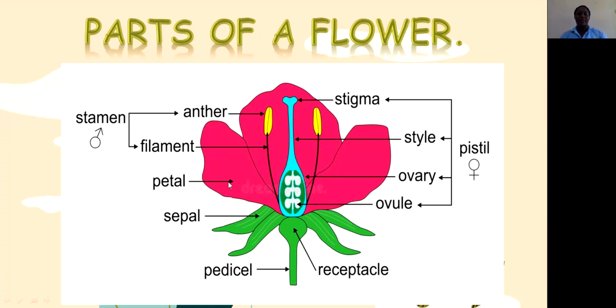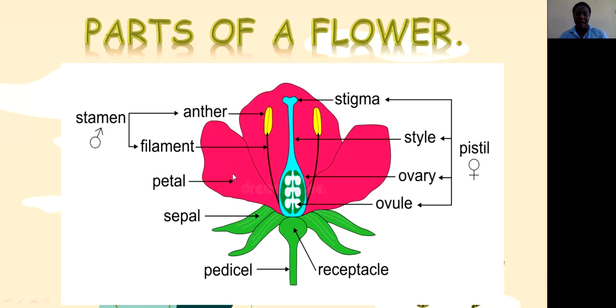We have the petal. Petal is the colored part of a flower. These ones, they are of different colors. You can find petals of color pink, color yellow, color purple. They are of different colors and they are very bright.